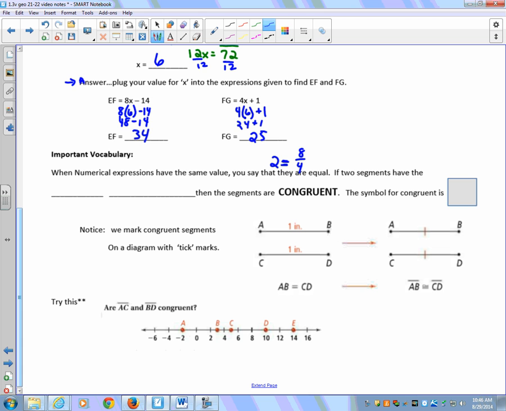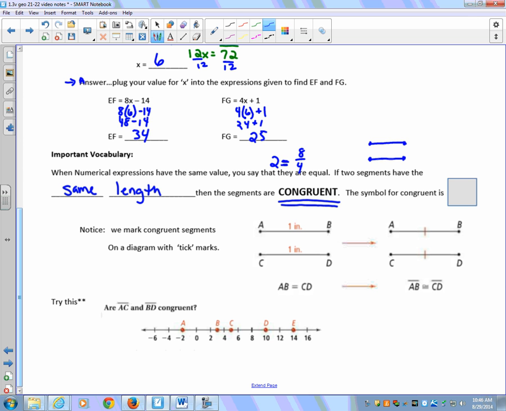But if two segments, two pictures, two things have the same exact length, we're not going to say that they're equal. We're going to use a different word. If two segments have the same length, we are going to use the word congruent. They are congruent to each other.